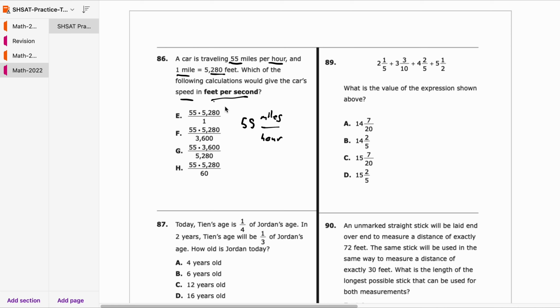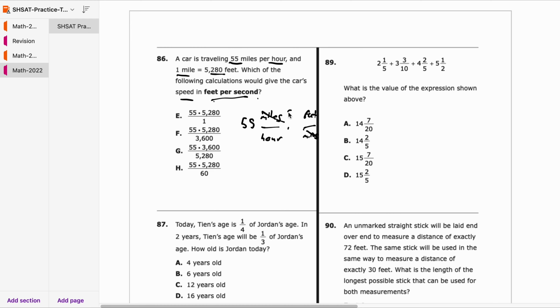Now we want it in feet per second. So let me go from miles per hour to feet per hour. So we're gonna need miles in the denominator and feet in the numerator, so that miles and feet cancel out.